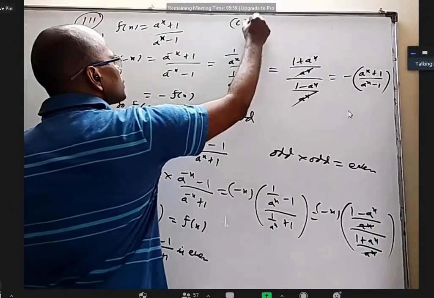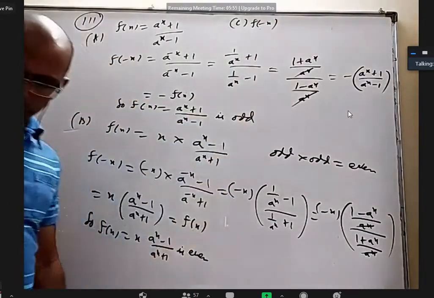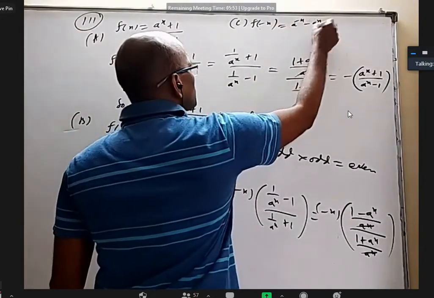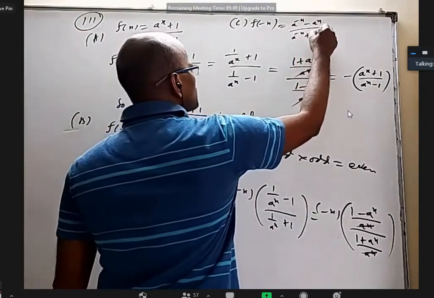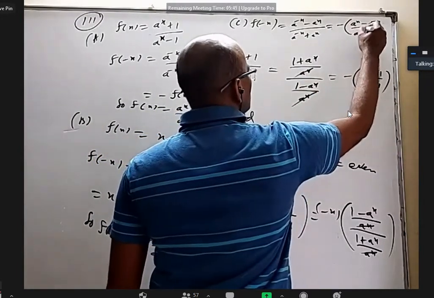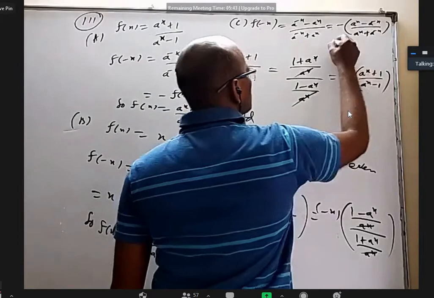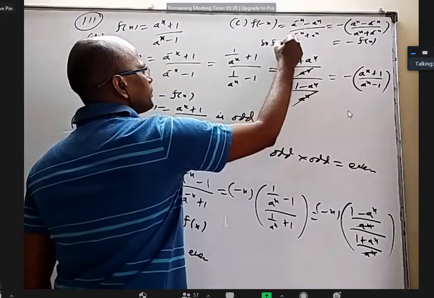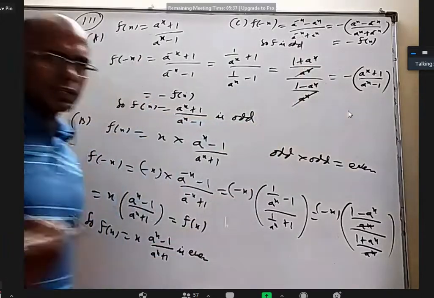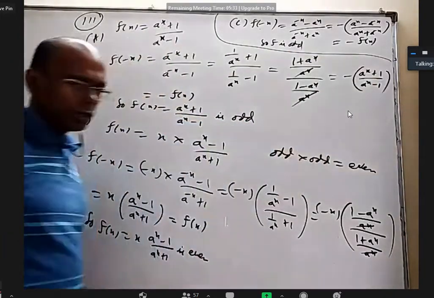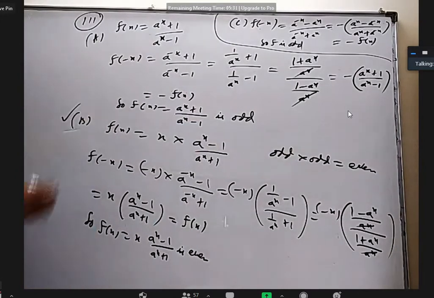Option C also, f of minus x will become a power minus x minus a power x by a power minus x plus a power x, which is minus of a power x minus a power minus x by a power x plus a power minus x, which is minus f of x. So f is odd. Option D is sin x, which is obviously odd. So options A, C, D are odd. Only option B is even, and they want that only.